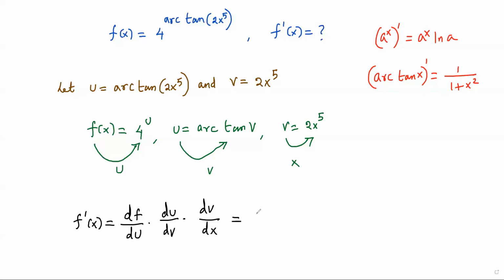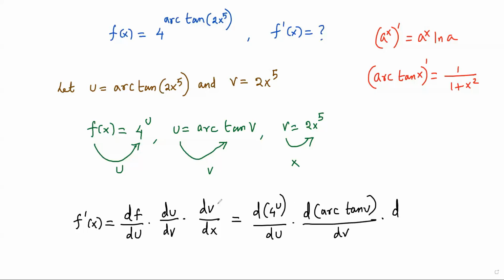Now in this step, we can replace f by 4 to the power u. So I get d of 4 to the power u over du, times d of arctan v over dv, times d of 2x to the fifth power over dx.